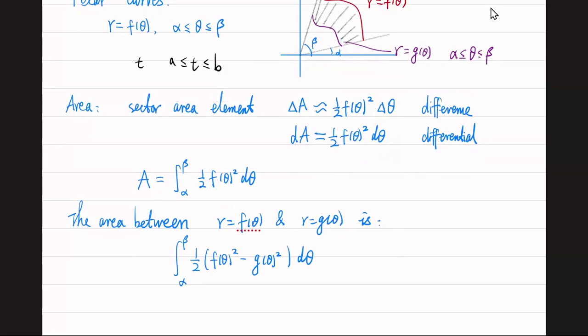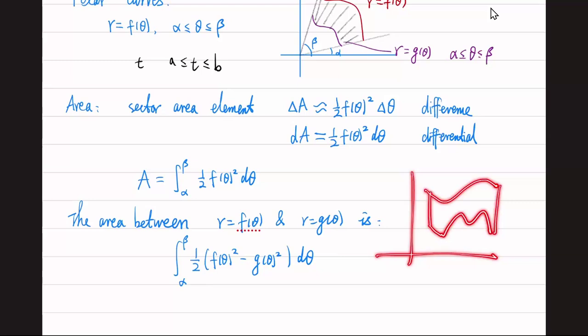Similar to what we had before, if we have a function and another function, the area in between will be the difference of the two integrals.